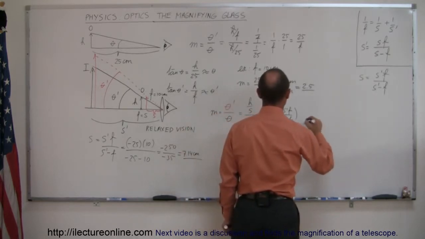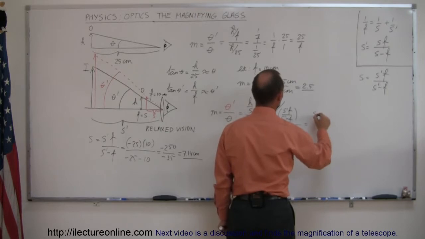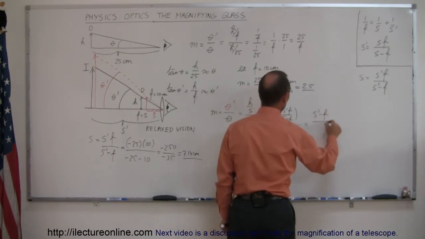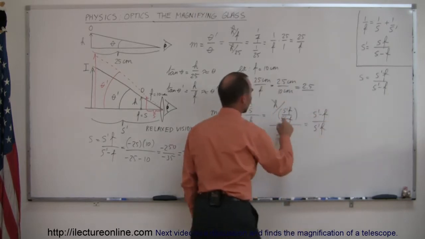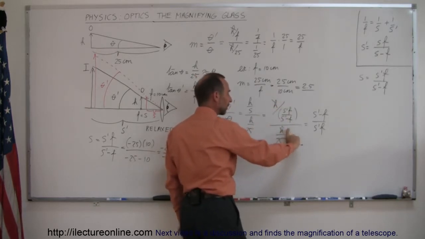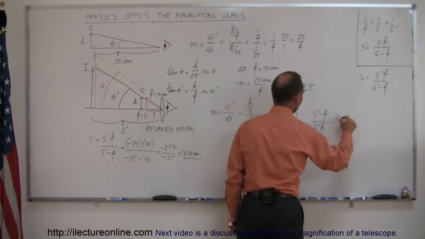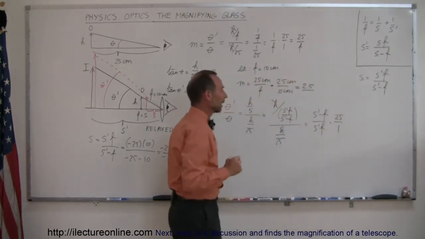So this becomes, well, 1 over this quantity, we can also invert that, so this is s prime minus f over s prime f. That's simply taking 1 over this and inverting it. And then when I divide by this, it's the same as multiplying times the inverse, so that's times 25 over 1.